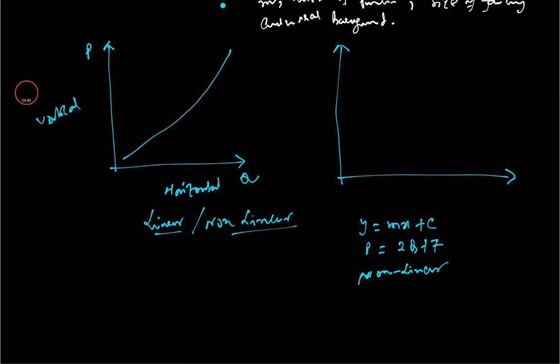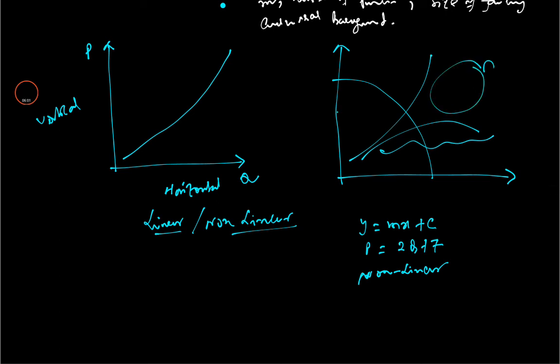A non-linear curve may look like this or this or this. There are many shapes to it, even a circle, x square plus y square equals c square, or a parabolic path, y square equals 4ax. So there are many different cases, and we'll come to these different kinds of curve representations.